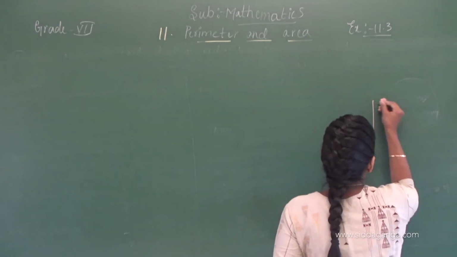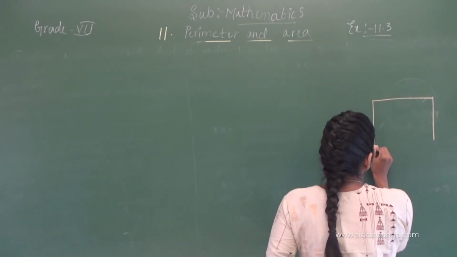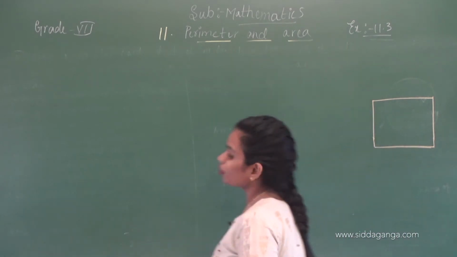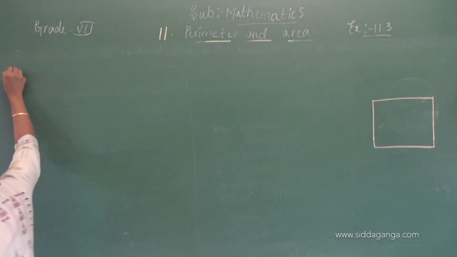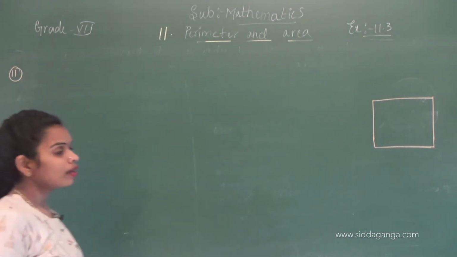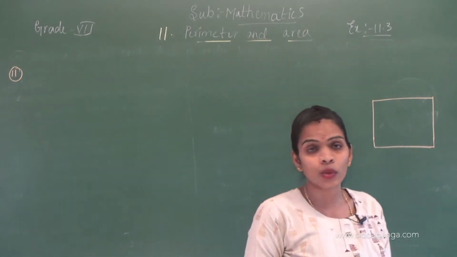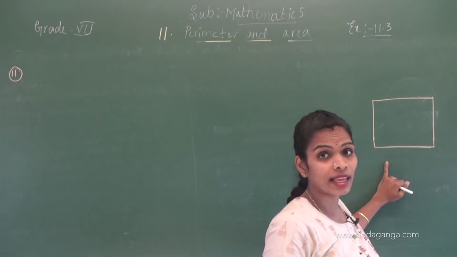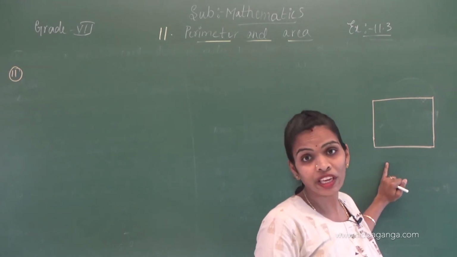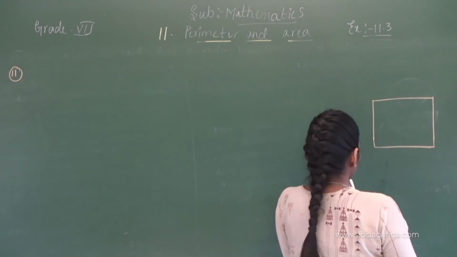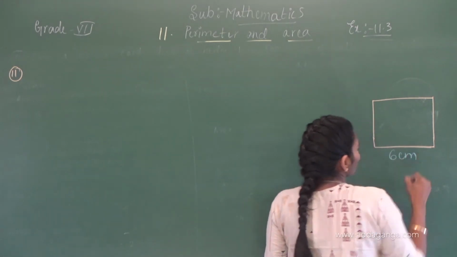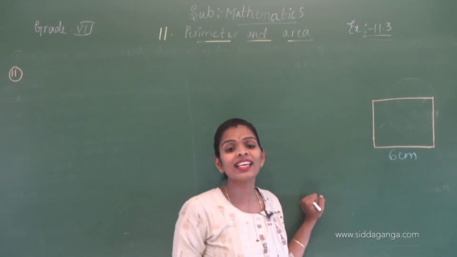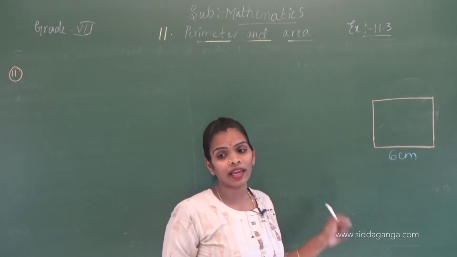Firstly, one square aluminium sheet is there, with the length of each side 6 centimeters.